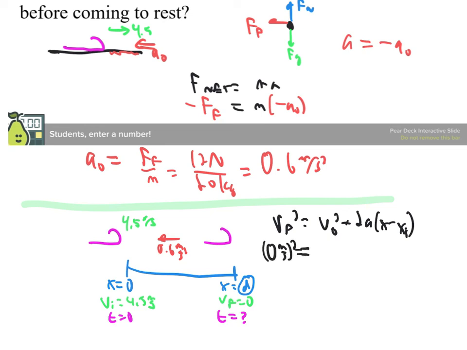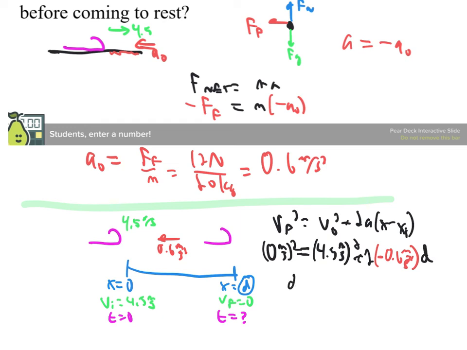We start at 4.5 meters per second, and we square that quantity. And then we add in twice our acceleration, remember, is 0.6, but with a minus sign because it's going the other way. And then finally we have the distance. And we can solve for that.